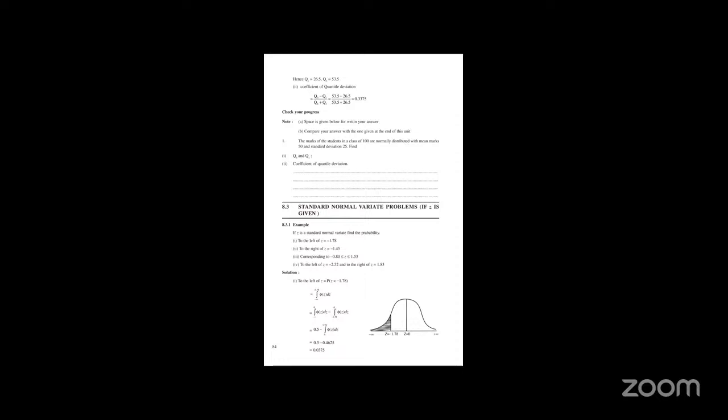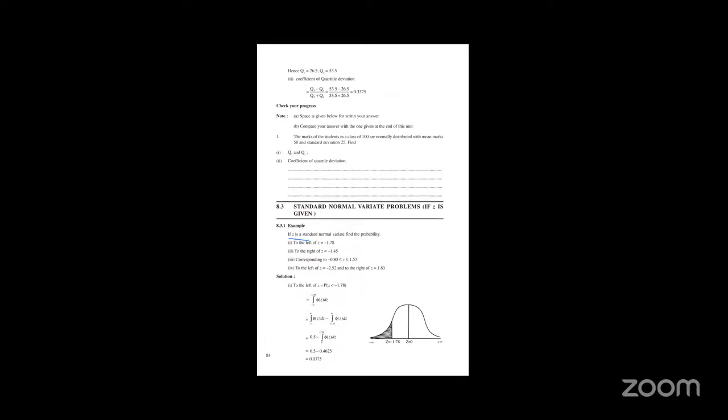Example one: if Z is the standard normal variate, find the probability. To the left, the value is minus 1.78, and to the right it is minus 1.45.